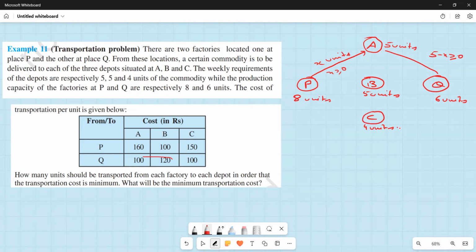A, B, C are the stores, P and Q are the depots. So if P is supplying x units to A, then because total consumption is 5 units only, it will take 5 minus x from Q.